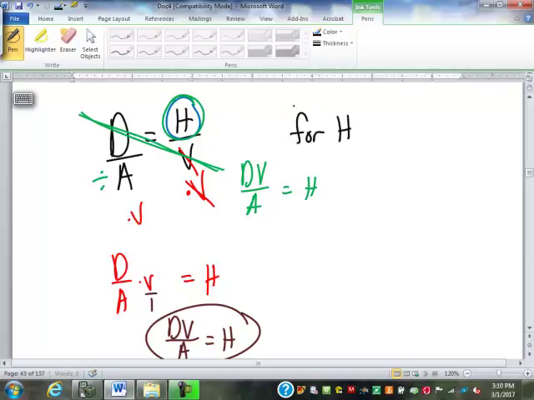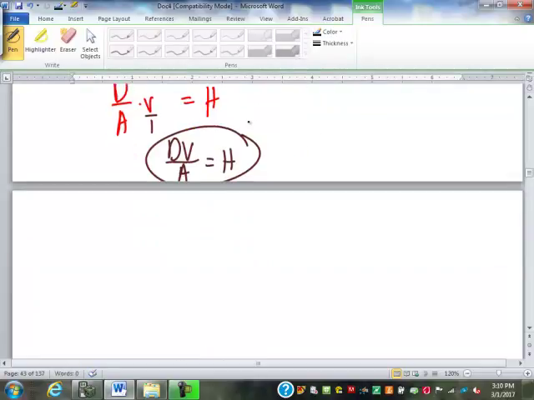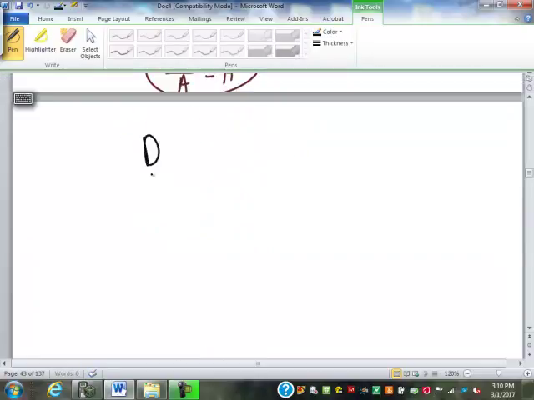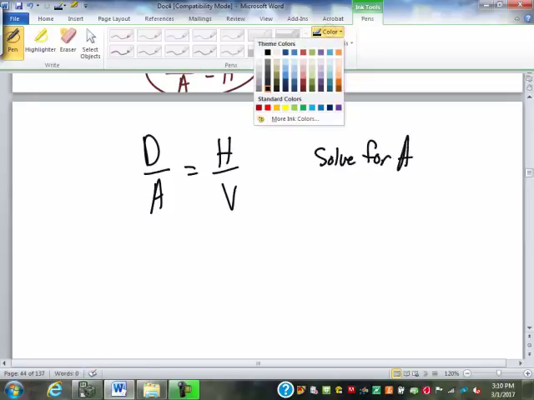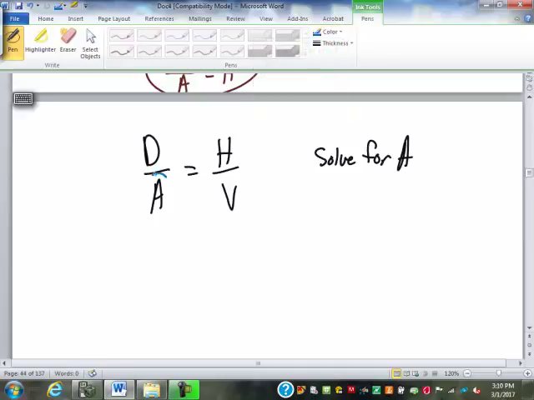So now let's look at that same problem. D over A equals H over V. But this time I'm going to ask you to solve for A. Well, A is right here. It's on the bottom of a fraction, which makes it a little bit trickier to solve for.